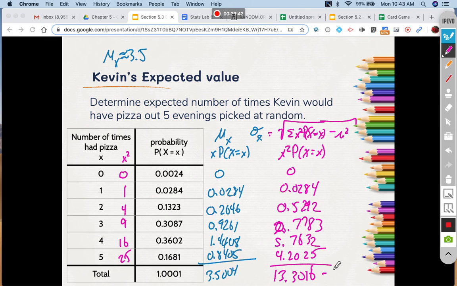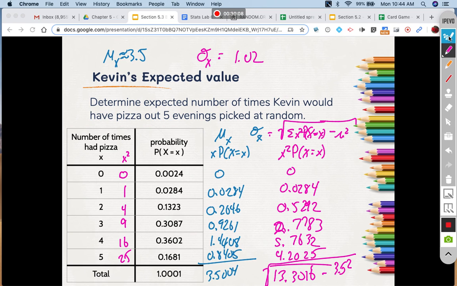If we subtract 3.5 squared and take the square root of that, we get sigma to be 1.02. So that's using what we did in section 2. So hopefully you're feeling better with that. Just a quick little double check on it.